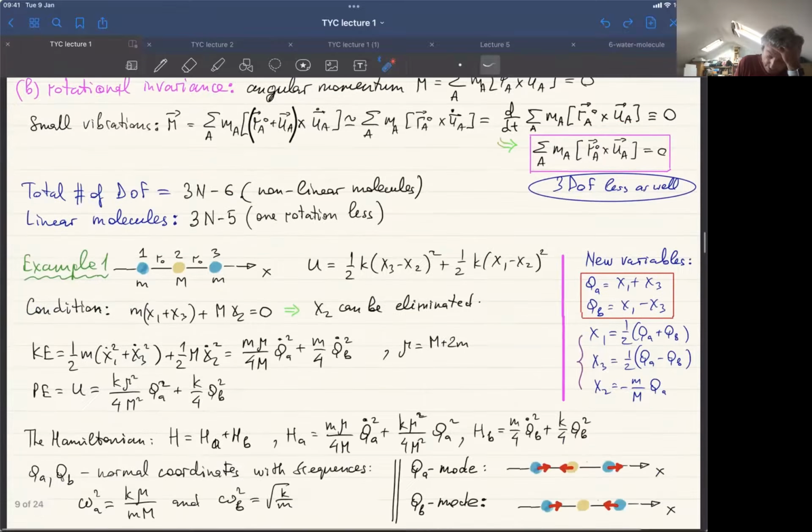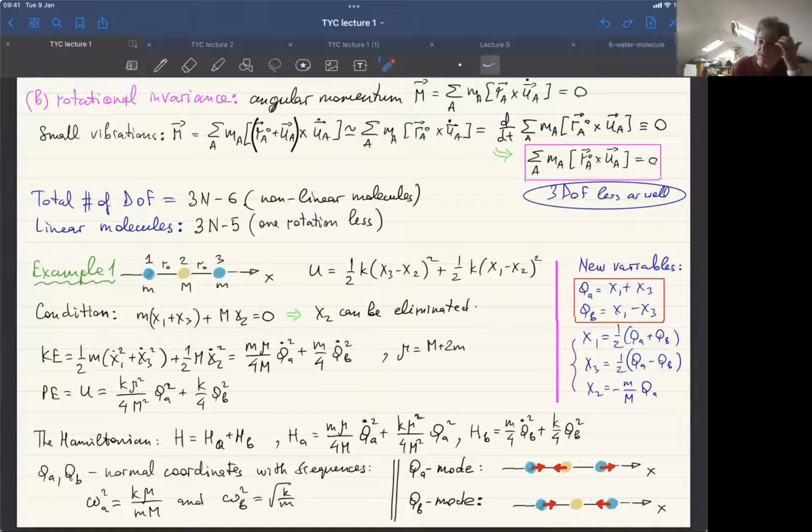And therefore, we write the center of mass condition like that, which means that we can eliminate 1 coordinate. So here, 3 atoms, we have 3 coordinates, x1, x2, x3. We can eliminate 1. So the system would become effectively 2-dimensional now, yes? So we can eliminate x2, for instance, and then x2 will be defined by x1 plus x3.